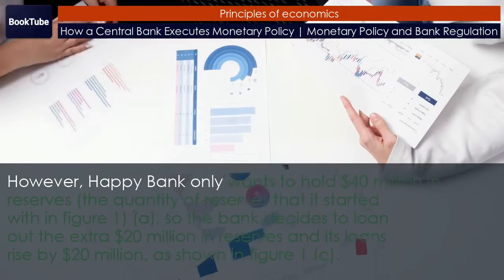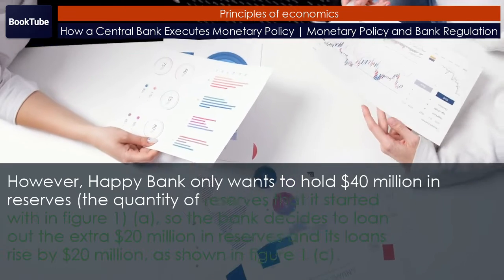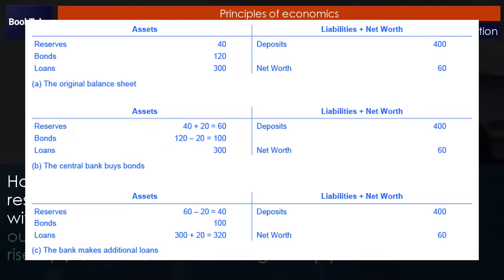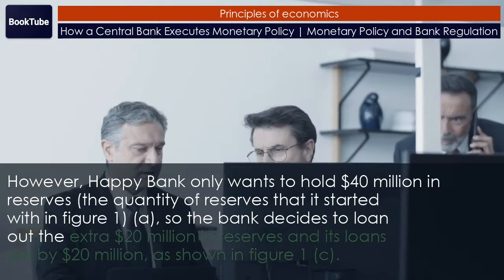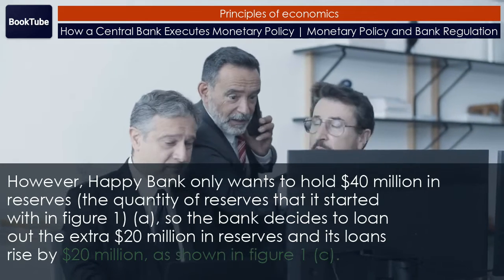However, Happy Bank only wants to hold $40 million in reserves, the quantity of reserves that it started with in Figure 1a. So the bank decides to loan out the extra $20 million in reserves, and its loans rise by $20 million.